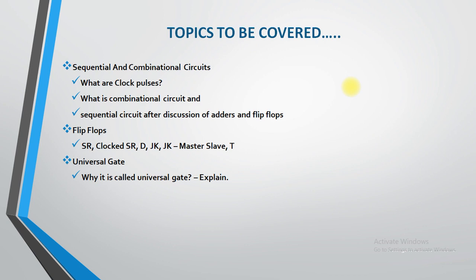Based on that, we will learn different types of topics, various kinds of flip-flop we will understand, and at last why it is called a universal gate. That explanation we will learn and we will conclude this particular unit.